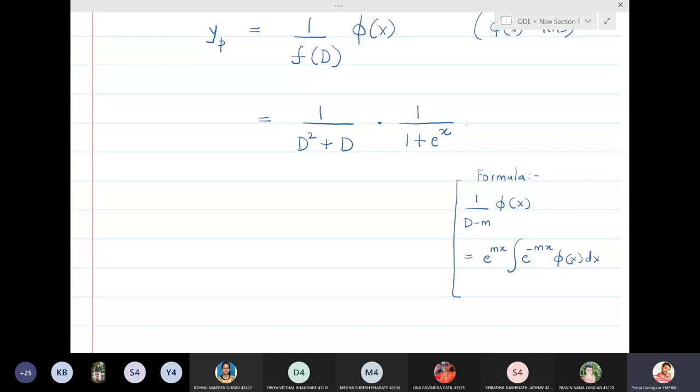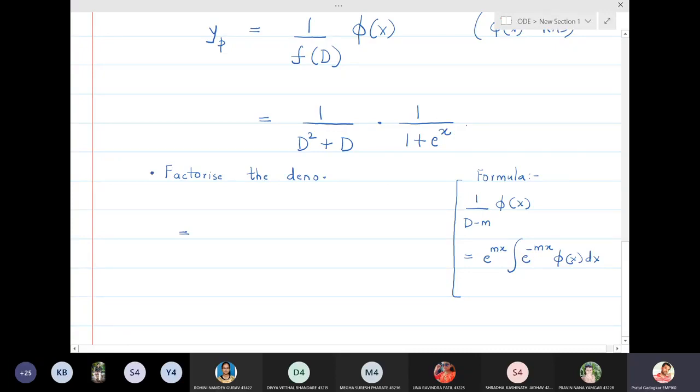Now, how am I going to use the same formula for this current step? What is the standard thing that you do? Firstly, you factorize the denominator. This will be the standard trick, the standard thing that you have to do in all problems.